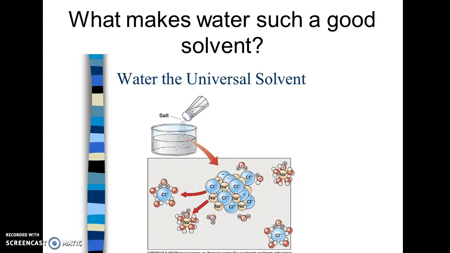If those solutes didn't dissolve in our blood, they would start to clump up, and we wouldn't be able to freely move those substances throughout our body. And same goes for plants too. They have a vascular system, and they carry sugars and other substances through their vascular system. It's important that those substances can be dissolved within water.